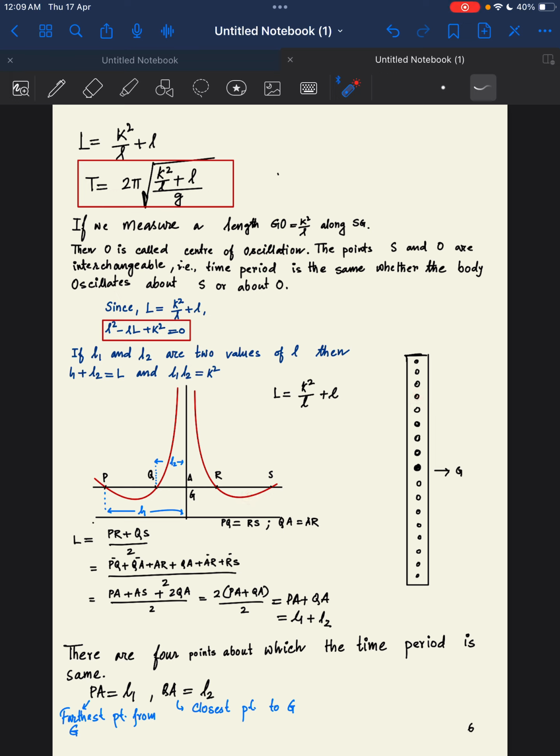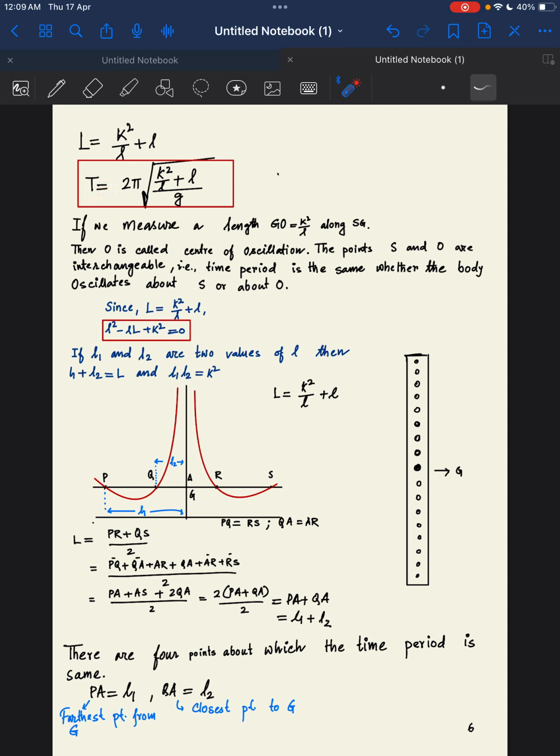As you go near the center of gravity, you will have a higher time period. So you can see your time period varies with the length. It is because your length is varying according to this formula, and the relation of T and L is like this. So depending on the L, your T will be decided. So the graph is of a parabolic nature.